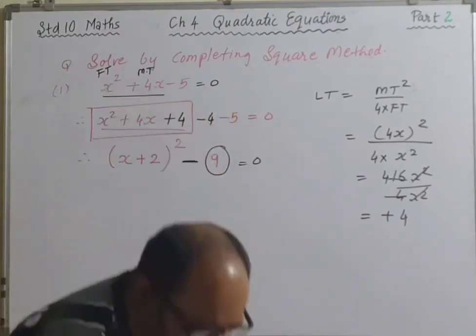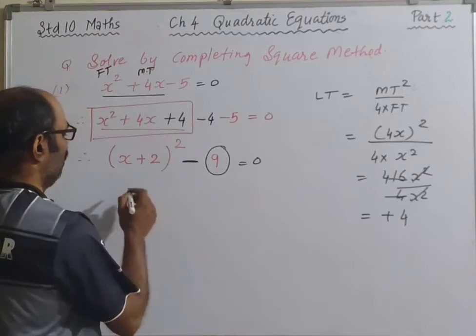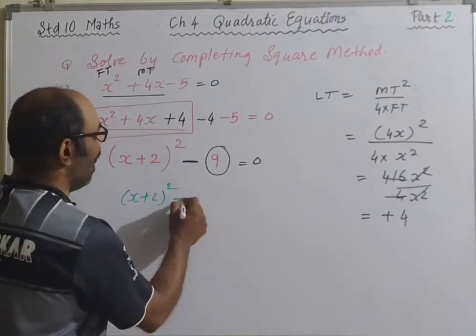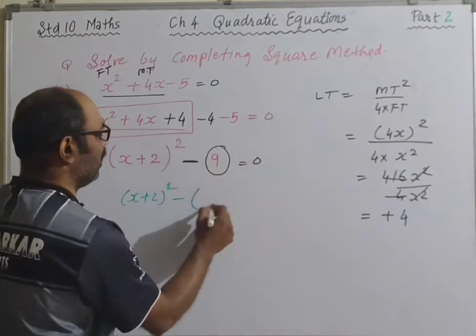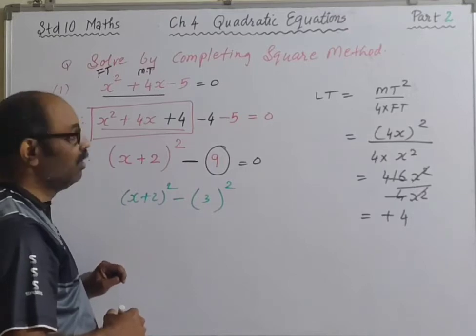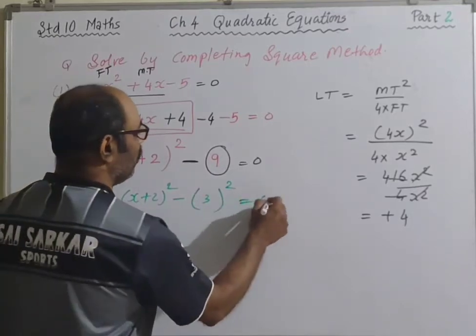I'm going to solve it a little bit differently. X plus 2 whole square minus, I'm taking it from the right hand side, whole square, that is 3, square of 3 is 9, that is equal to 0.